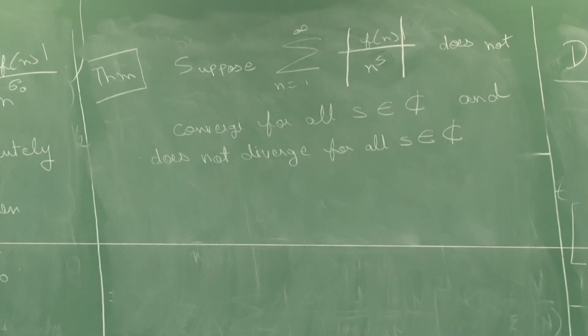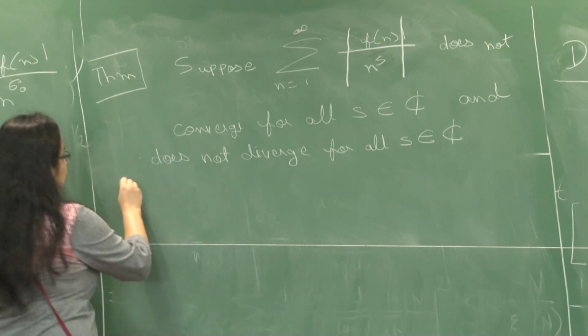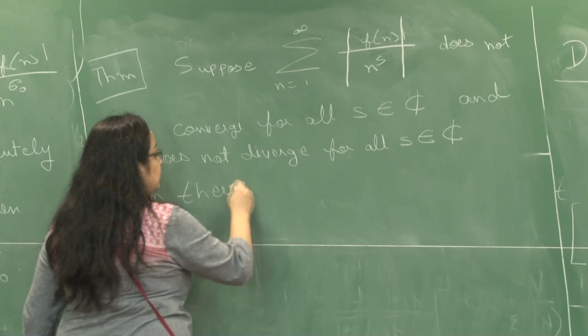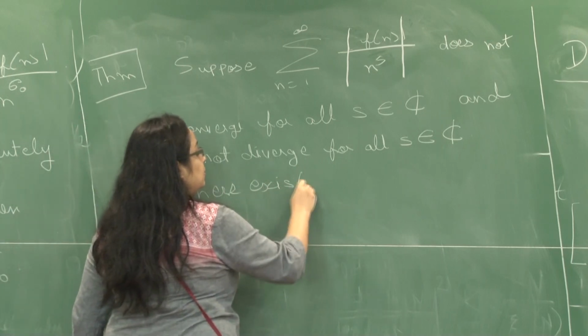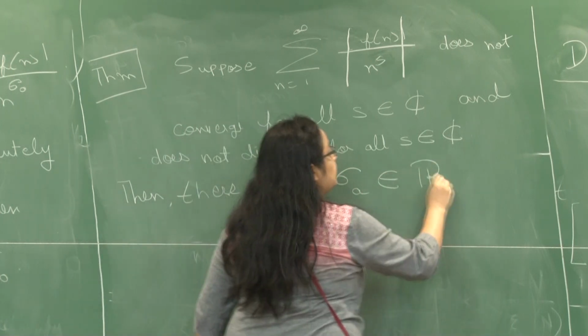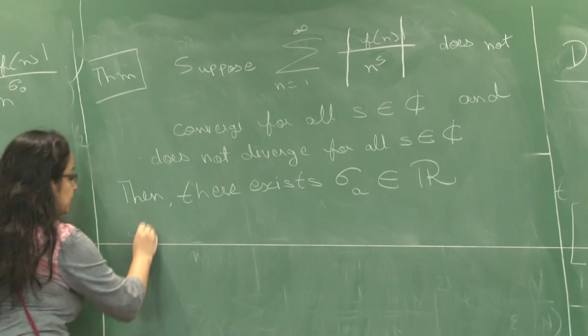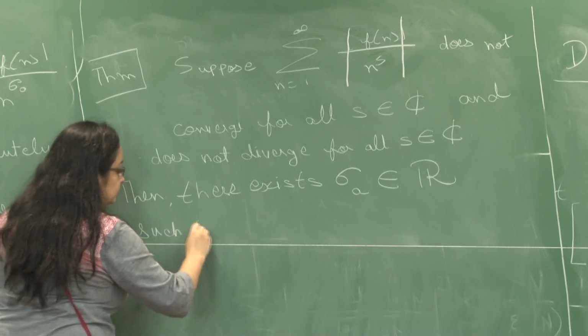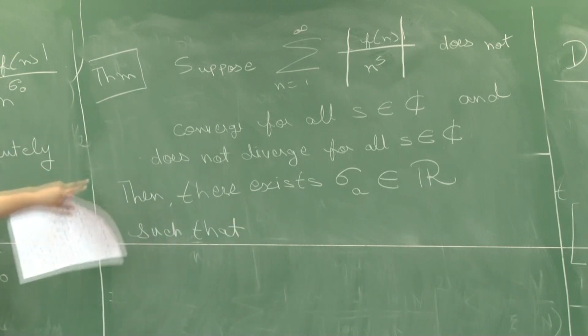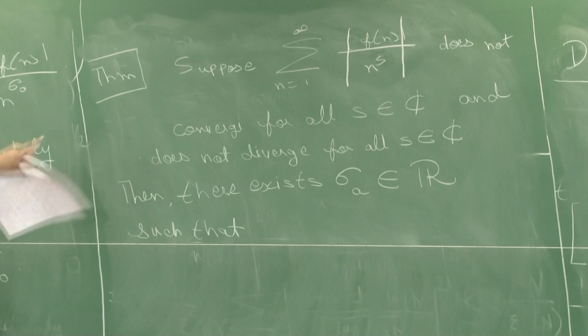In this case, you can find some real number sigma sub a in R such that for all sigma greater than sigma sub a, this series will converge absolutely, and for all sigma less than sigma sub a, the series will diverge. Okay.